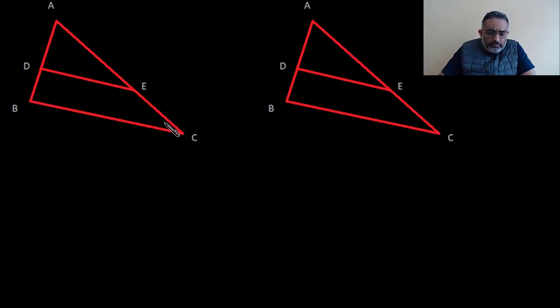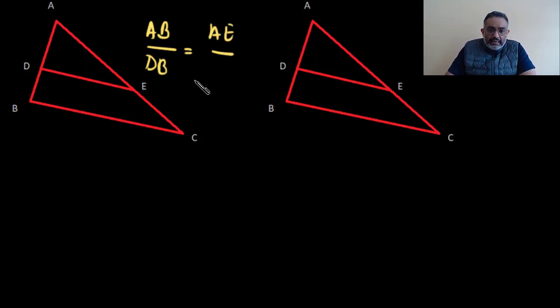Now, what we are trying to prove is that this proportion AD by DB is equal to AE by EC, right? This is what we are trying to prove, and we know that these two sides are essentially parallel.